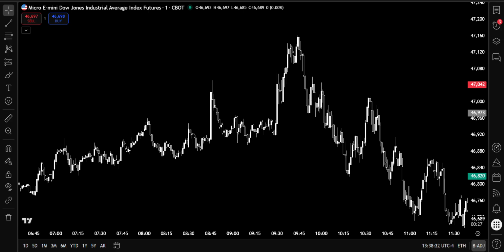So you can have a good idea of what's going on, and you have it set up to where it's like, okay, I really want to see this entry, and then want to see the reaction off this level right here. These are previous day lows, previous day highs, Asia highs, London highs.